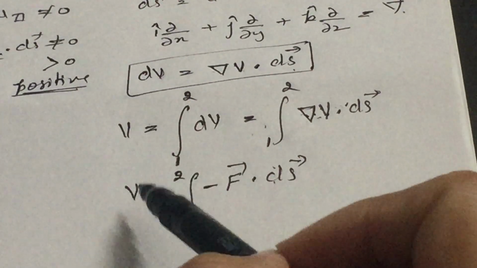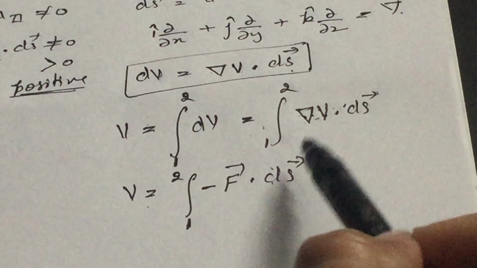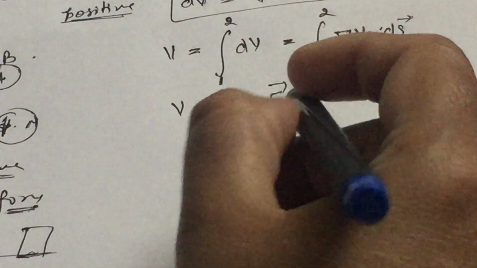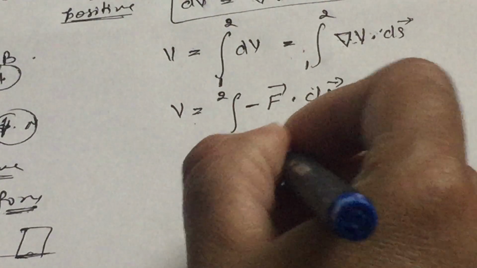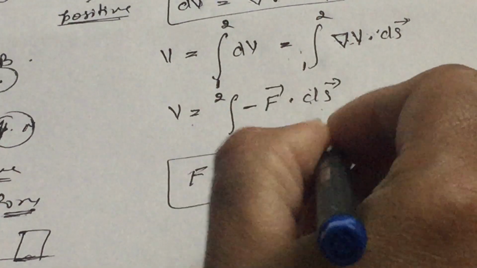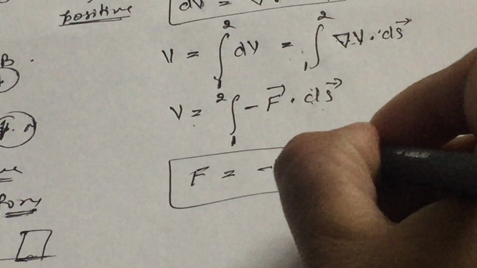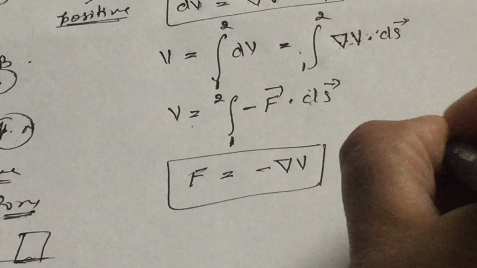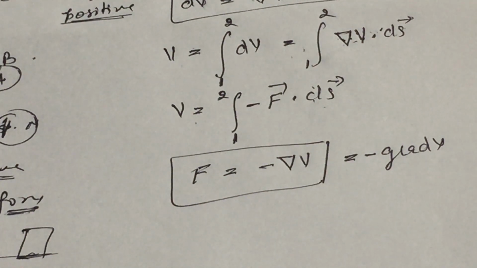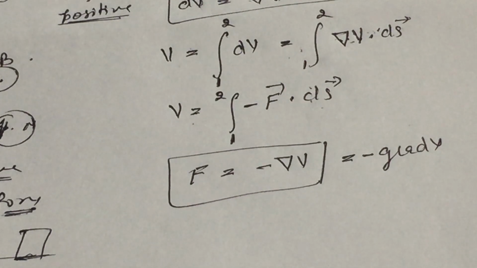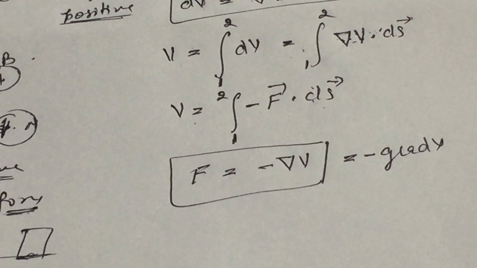Both are indicating the potential energy, and from here we find that F is equal to minus del V, and this is also known as the gradient of V with a negative sign. It means the force is in the direction of decreasing potential energy.